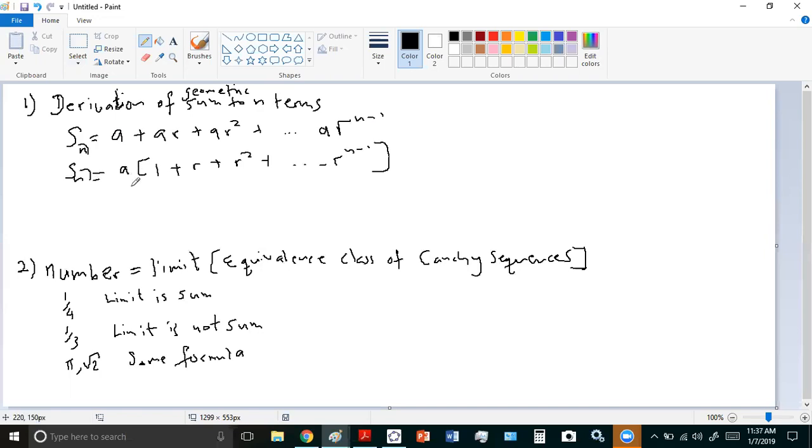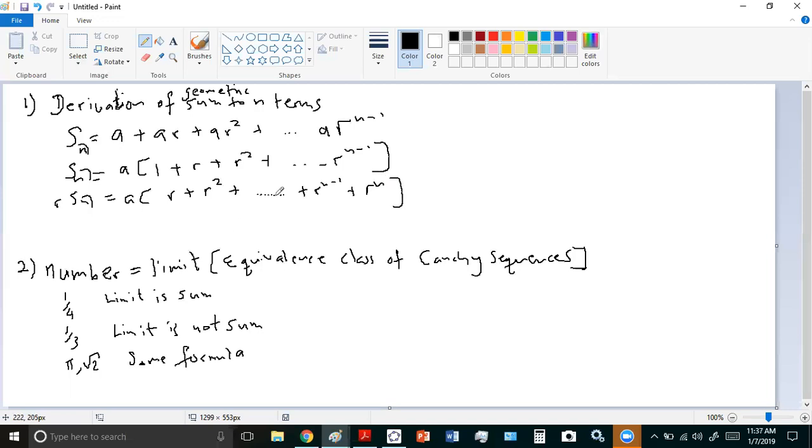And then in order to find a formula for the sum and get rid of the terms in the middle, you multiply both sides by the common ratio, right? So you'll have a into r plus r squared plus, and this one here would be plus r to the n minus 1 plus r to the n, right?